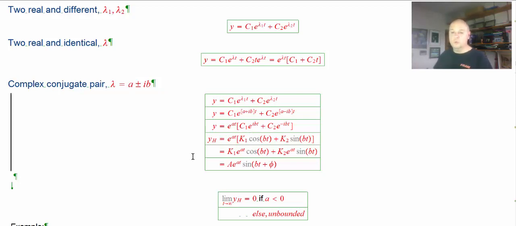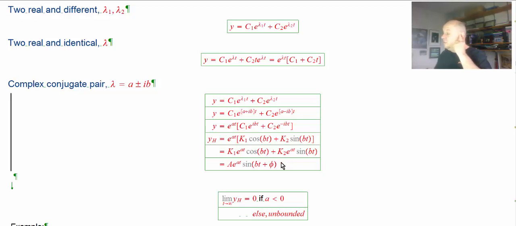So that's going to be our rule. If the real part of both eigenvalues is negative, then the homogeneous solution goes to zero. Otherwise, it goes off to plus or minus infinity, or in the case of complex conjugate eigenvalues, it oscillates off to infinity.